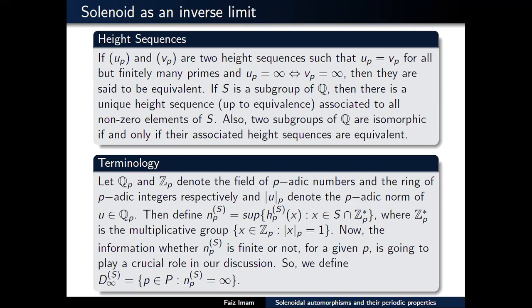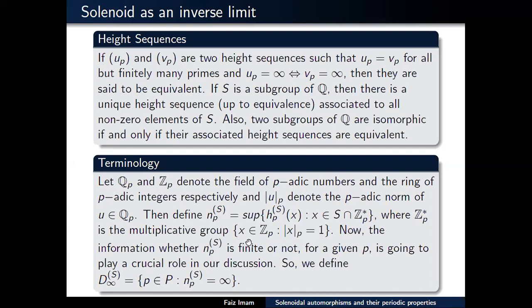For any rational number A by B, pull out all the primes inside A and B. If the number is P to the power alpha times gamma by theta, the p-adic norm of that number is 1 by P to the power alpha. I assume you are familiar with the p-adic norm. And we have this N_P S, which is the supremum of all the P height values, and Z_p star is the multiplicative group.